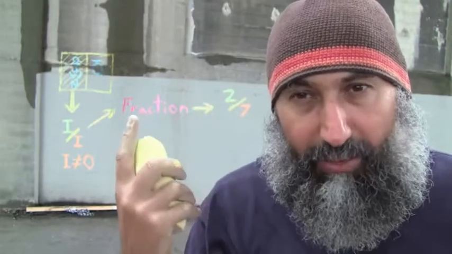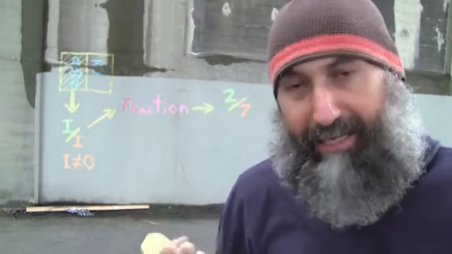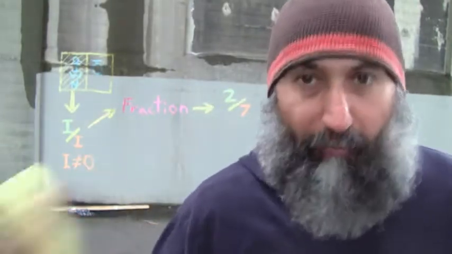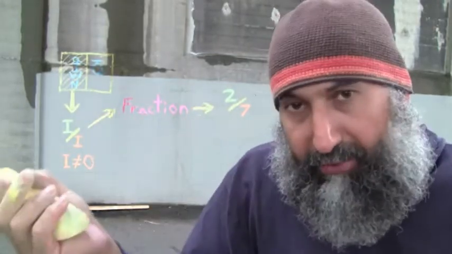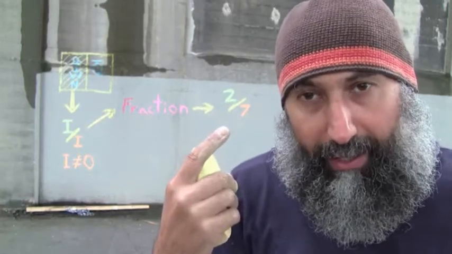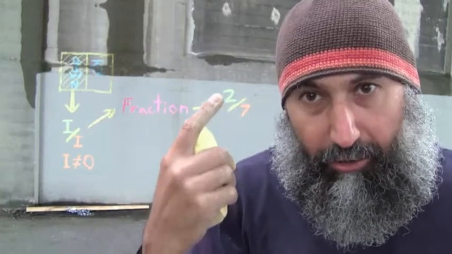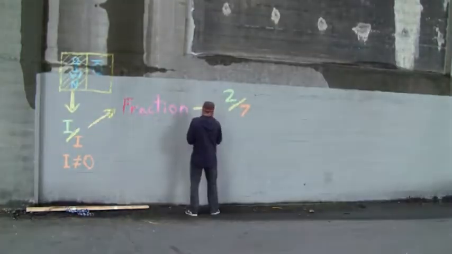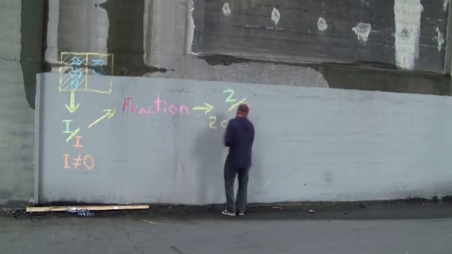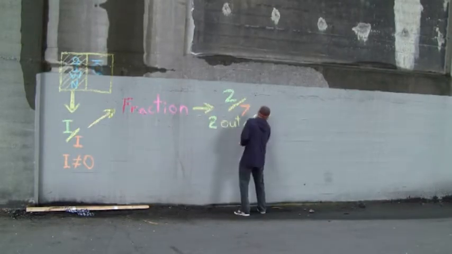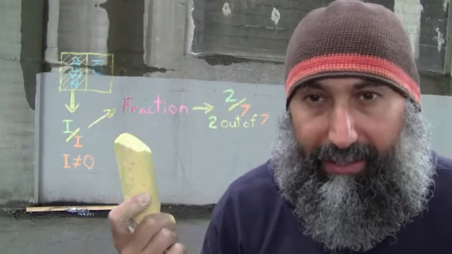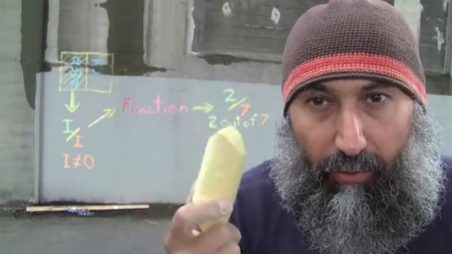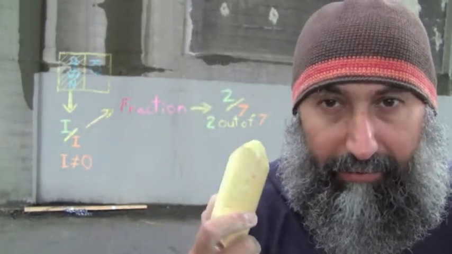When we specifically in mathematics say, hey, we're writing a fraction, we're talking about taking something out of a whole, okay? And that's what a fraction is, 2 divided by 7. So when we write 2 over 7, what we're saying is 2 out of 7, right?